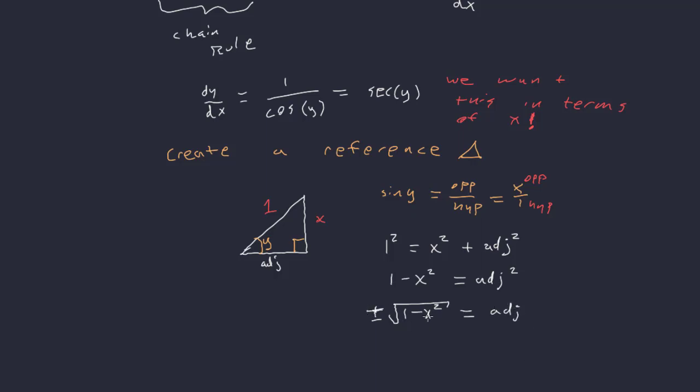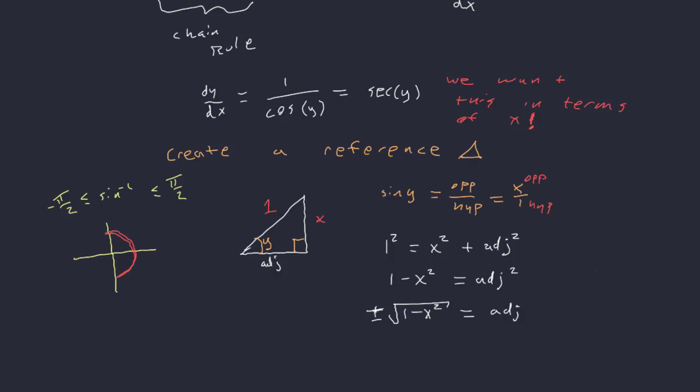Now the question becomes, which one of these do we choose, right? Do we choose the plus or the minus? And that actually comes from that thing I reminded us about before, what quadrant we have to be in. Since we're starting with sine inverse, right? Sine inverse spits out an angle that's between negative pi over 2 and pi over 2. Right, so on the unit circle, it's trapped in here.